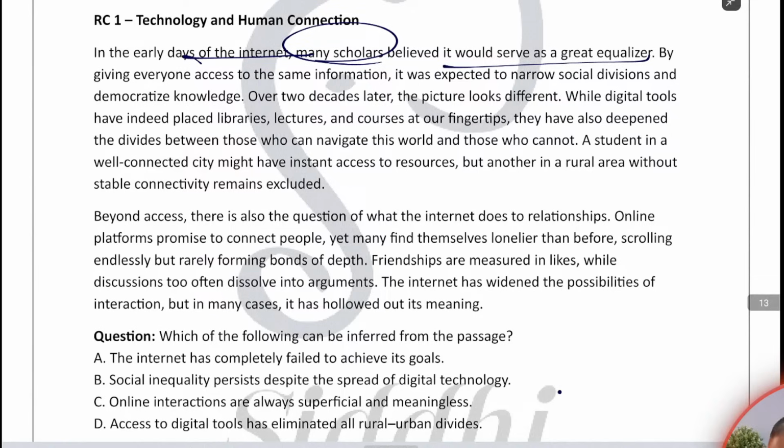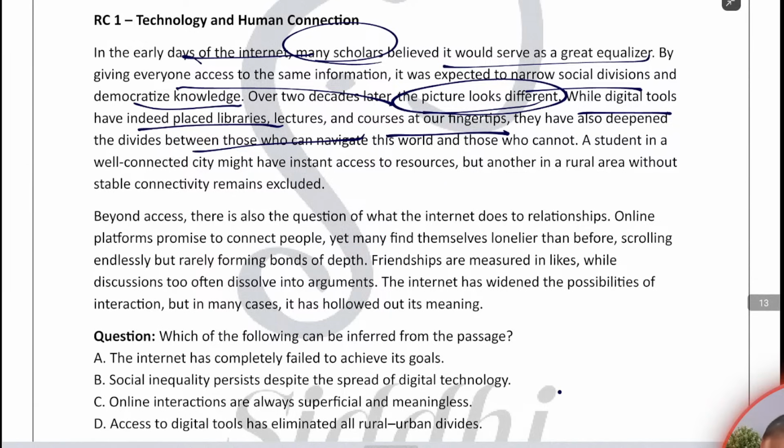Okay, it gives access to information, so it is going to narrow divisions, democratize knowledge, etc. But the picture is now different. Digital tools have replaced libraries, lectures, and courses at fingertips. The divide has now deepened. Yes, there is a divide.